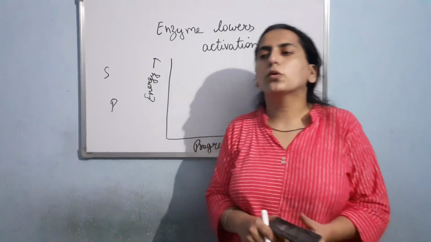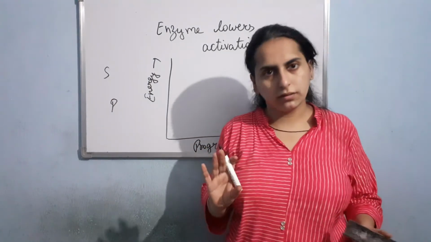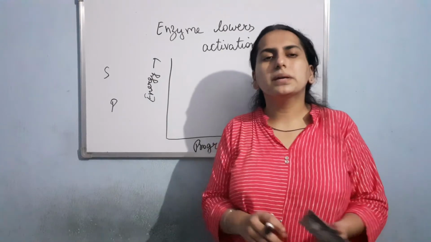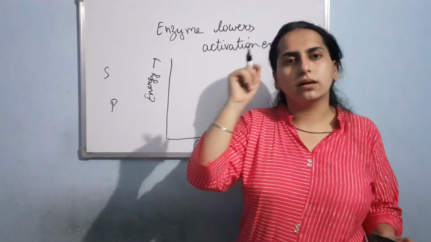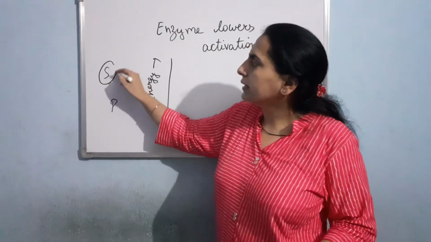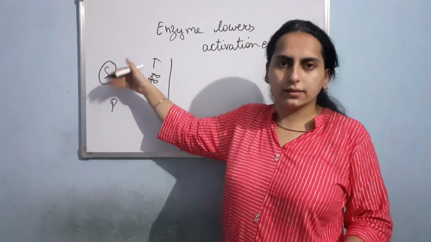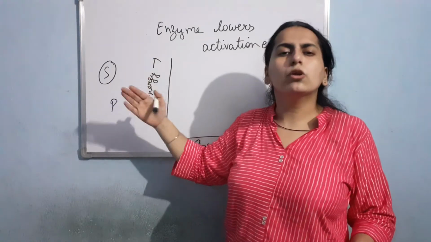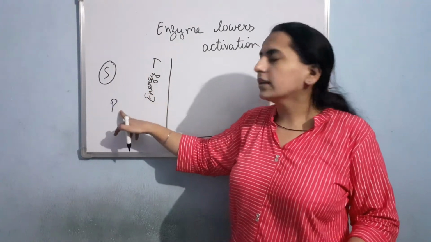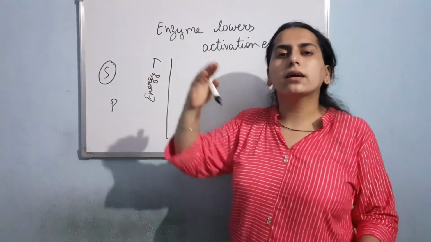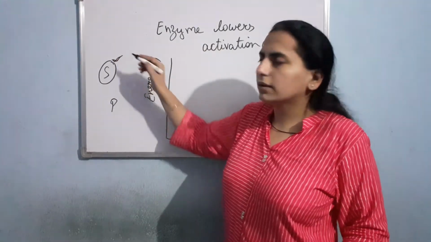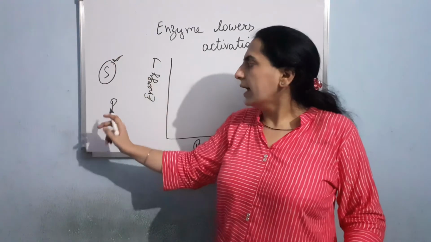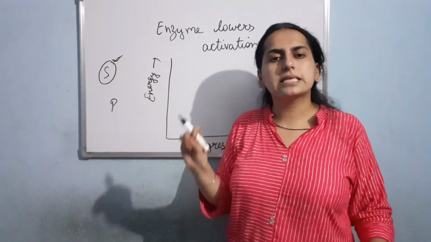And now suppose the reaction is exothermic. Exothermic means the release of heat will be there. Now just think, if the substrate will release the heat, or I can say it will lose the energy, then the energy of the product would be higher or lower? It would be lower. It means the substrate is having more energy and the product is having less energy.